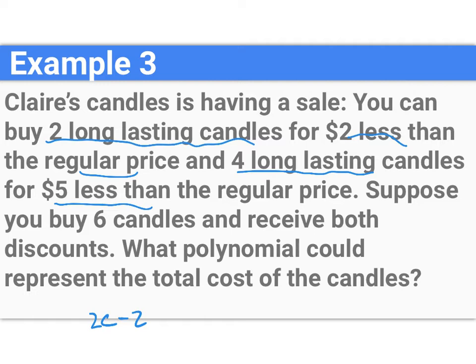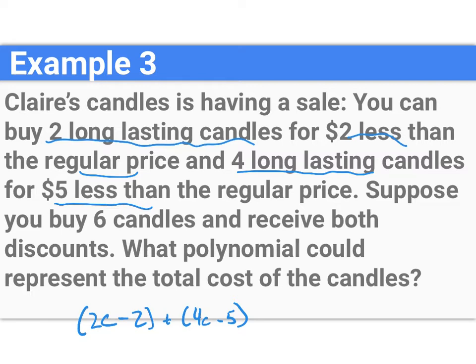And then we have 4 long-lasting candles, so we'll put that in parentheses, plus 4 candles minus 5, because they're both long-lasting candles. It's not like we're dealing with short-lasting candles and long-lasting candles.